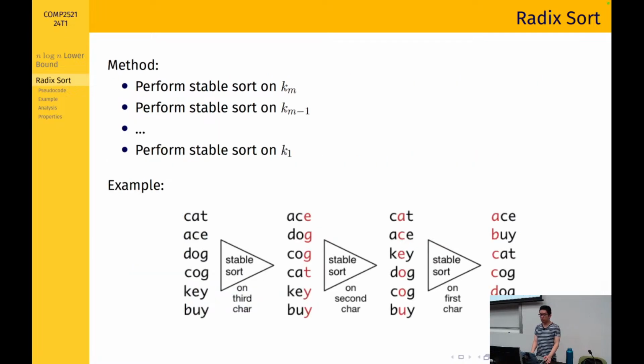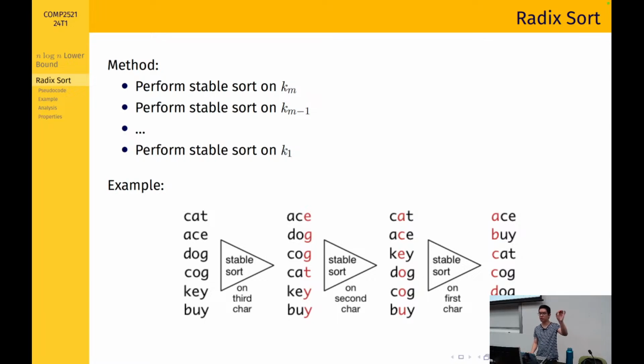Okay, so how does radix sort actually work now that we have all the details? First of all, we break the key up into individual symbols, right? And what we do now is we perform a series of stable sorts. The first stable sort we perform on Km, which is the last symbol of each key.